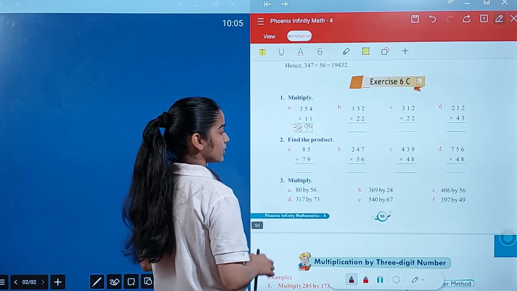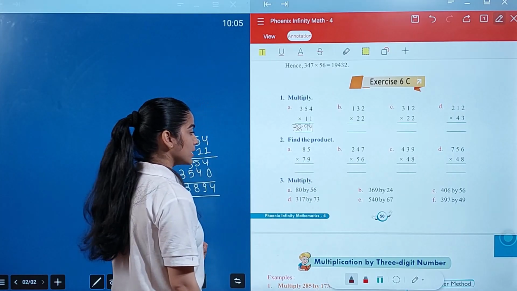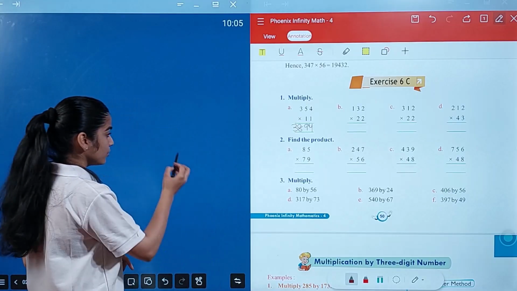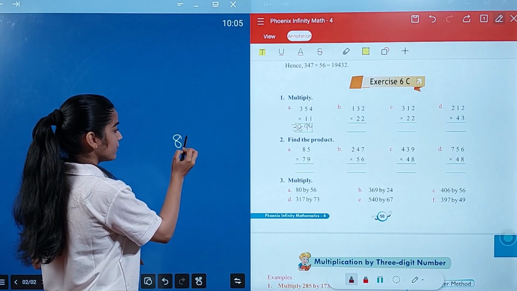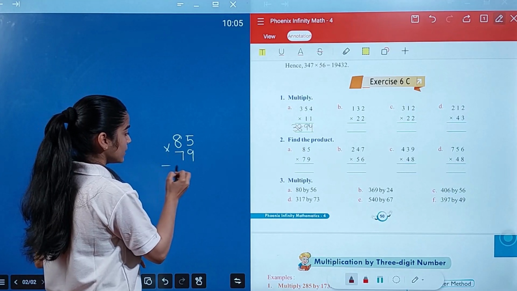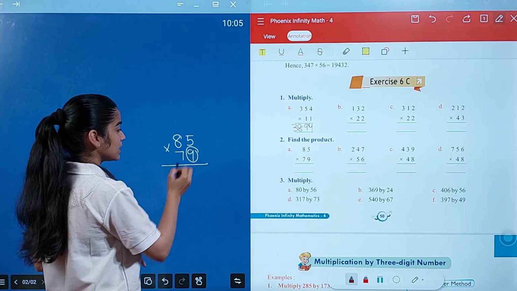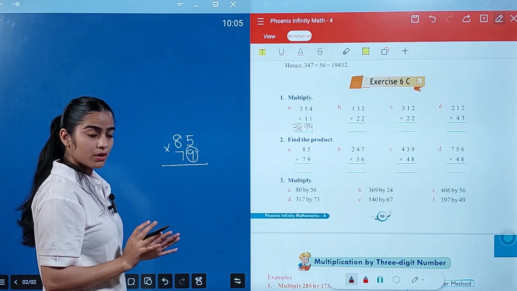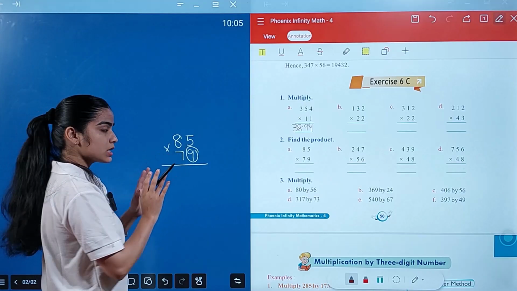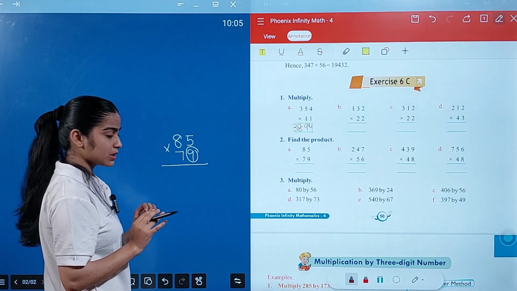Now find the product. In this case, we have to multiply a two-digit number with a two-digit number. Let's see here: 85 multiplied by 79. First we take the number 9 and multiply it with 85. Don't be scared and don't get into trouble. You just have to use the simple method for single-digit multiplication.